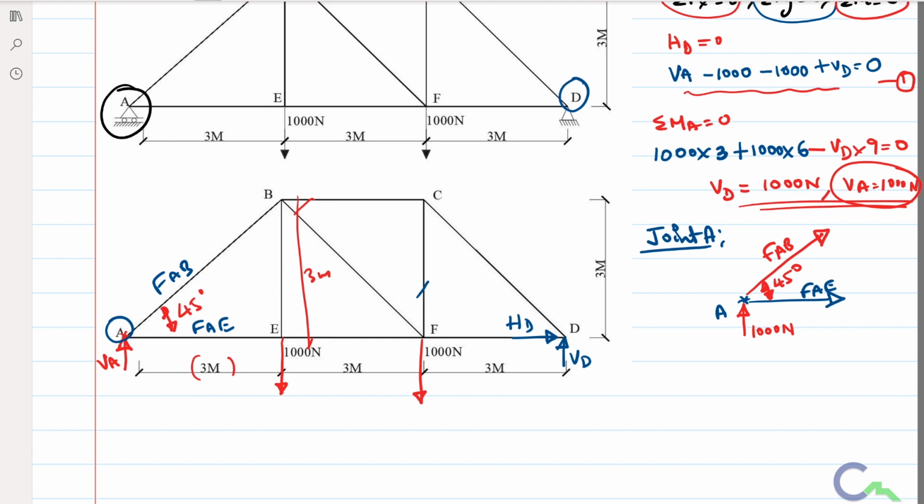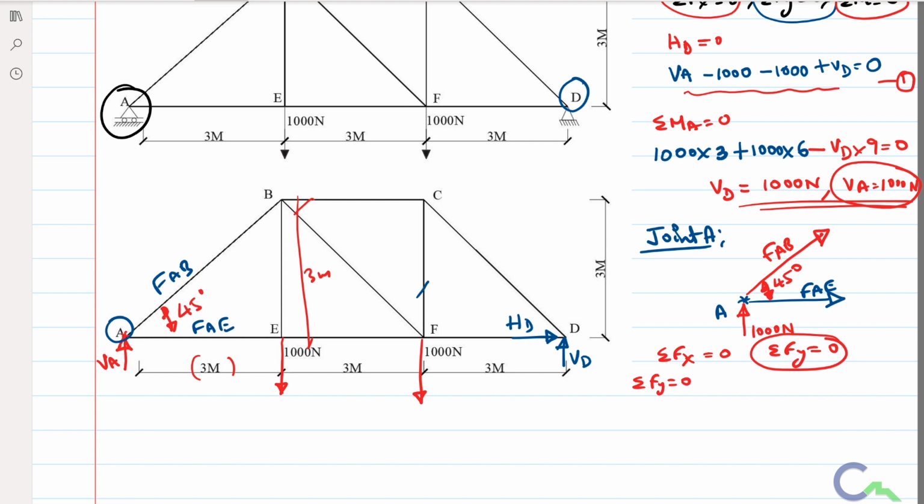After drawing the free body diagram, I am going to apply the equilibrium condition. Summation of horizontal forces is equal to 0. Summation of vertical forces is equal to 0. Here first I am going to apply summation of vertical forces is equal to 0. So sigma Fy is equal to 0.